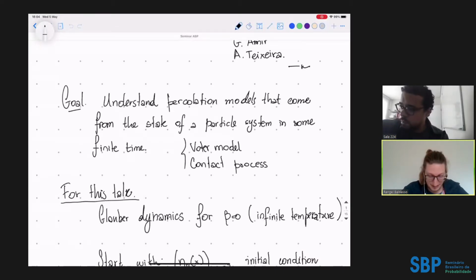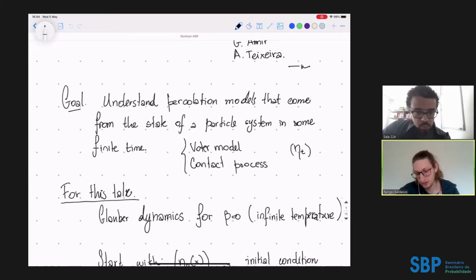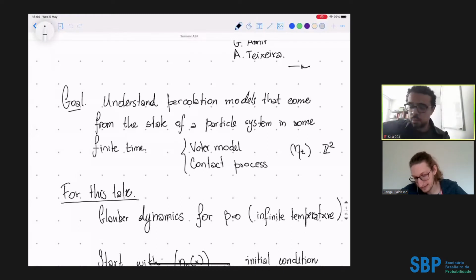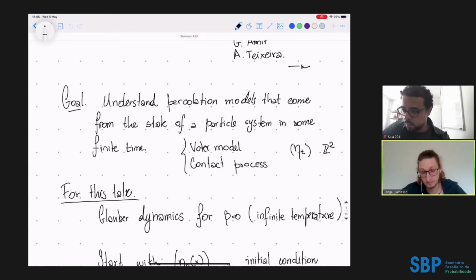Any particle system that you'd like, and you can look at the configuration at some fixed time, eta t, for example, as a percolation model on Z2 that has some spatial dependencies.